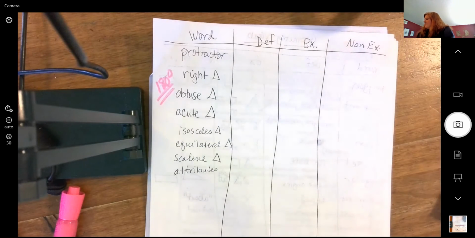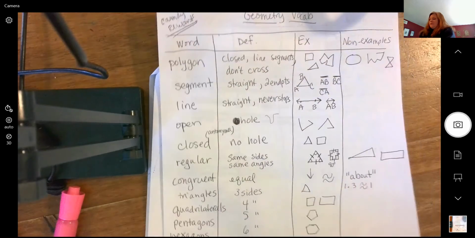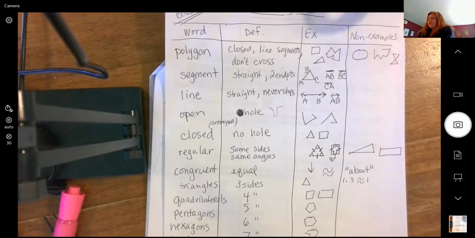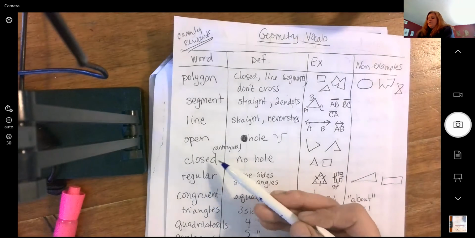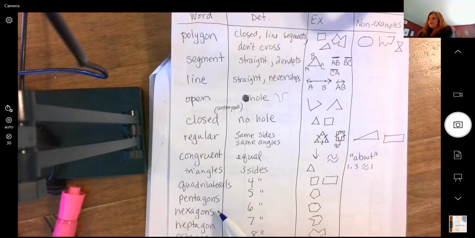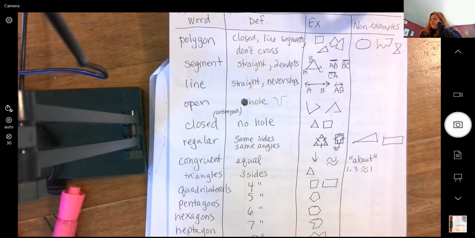We do have some vocabulary we need to add, and I had to extend my vocabulary. Remember, some of the words we're working on are polygon, segment, line, open, close, regular, congruent, triangles, quadrilaterals, pentagons, hexagons, heptagon, octagon, decagon, and angles.